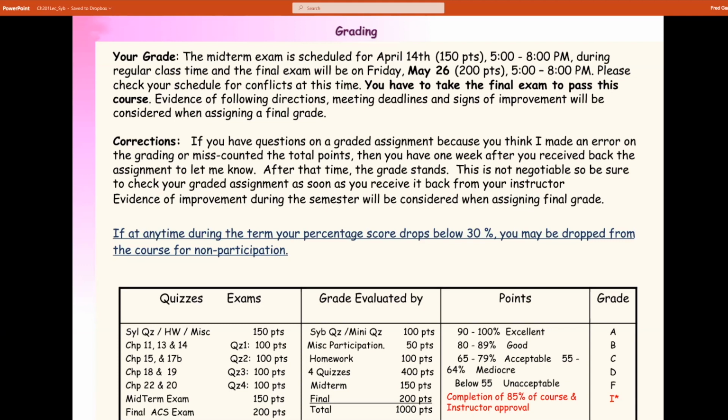So take advantage of those, because you cannot make those up. You can probably make up a quiz if you miss one, or one of them is dropped, but for extra credit opportunities, once the deadline is passed, generally there are no makeups. That's because it doesn't count against you. It only helps you. So please keep that in mind.